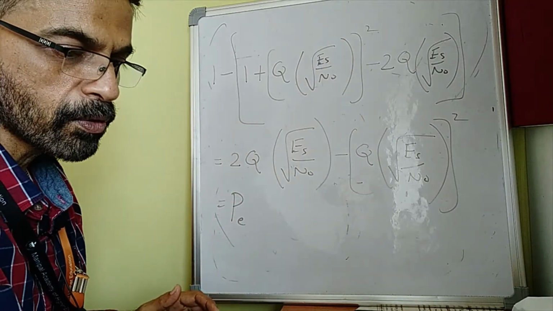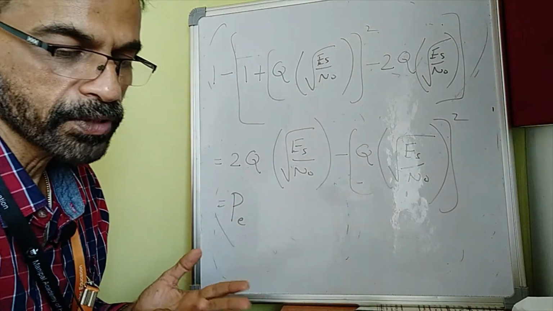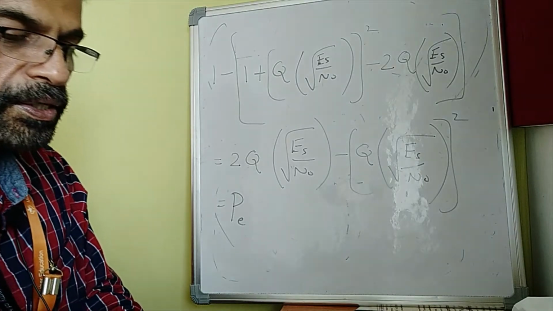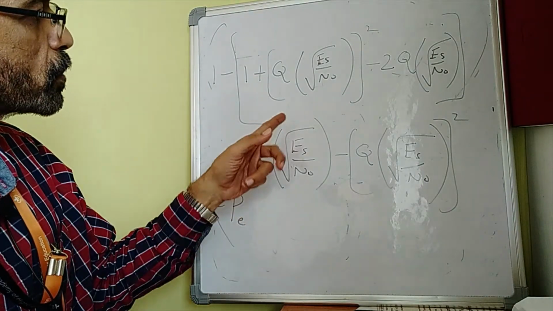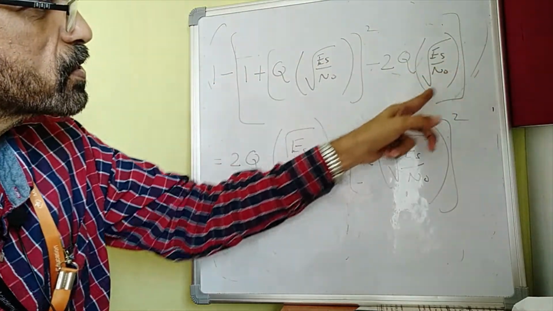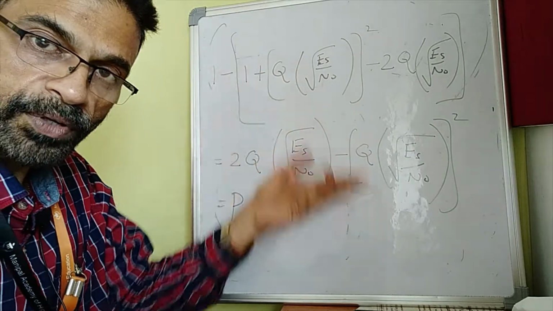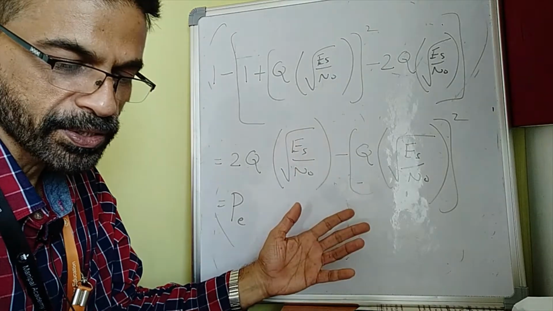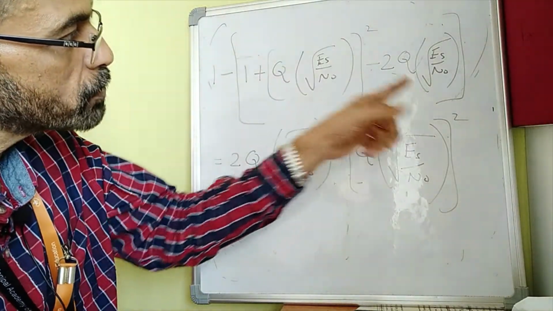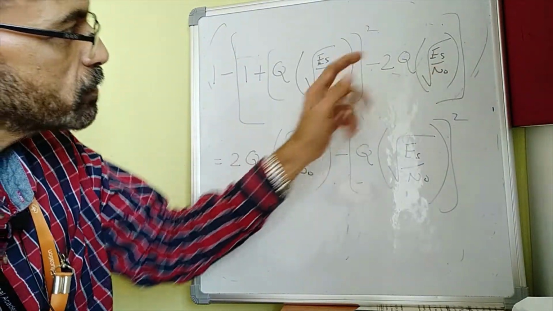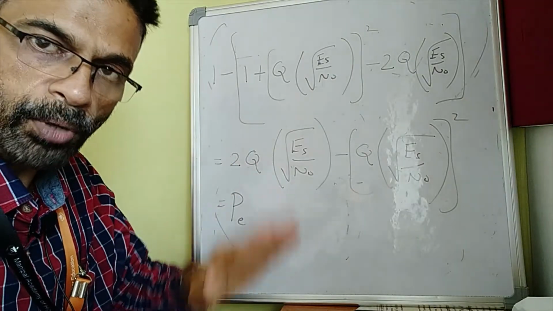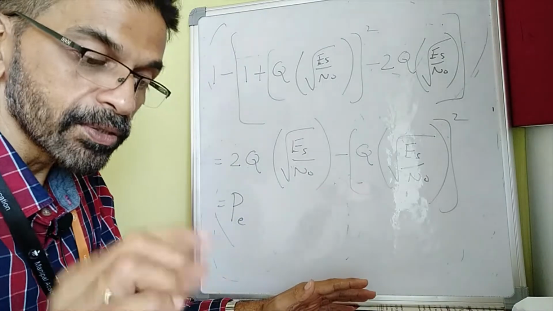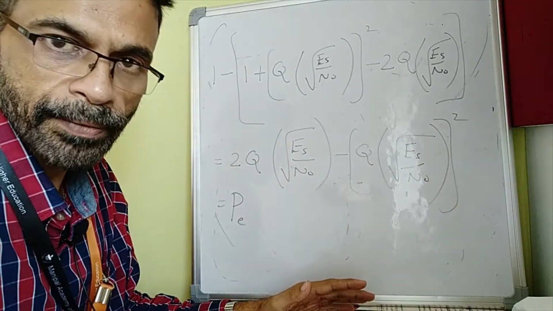Because if you recall, we found out first the probability of the signal S3(t) being detected correctly, and then we subtracted it from 1 because S3(t) can be either detected as S3(t) itself or something else. So having found the probability of correct detection of S3(t), we subtract it from 1 to get the probability of error in detecting the signal S3(t), or equivalently the symbol which is mapped to the signal S3(t).